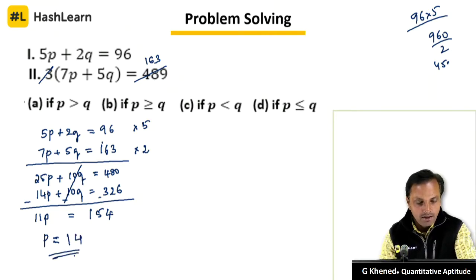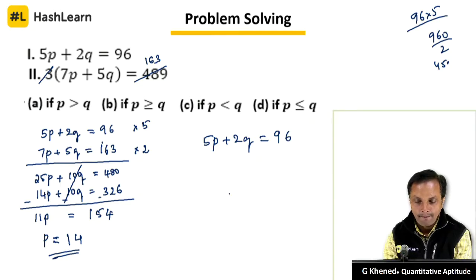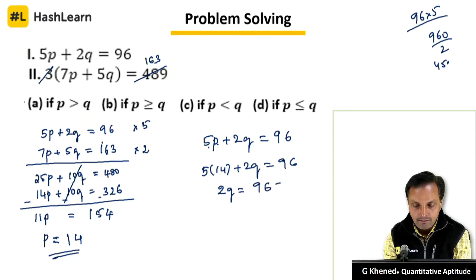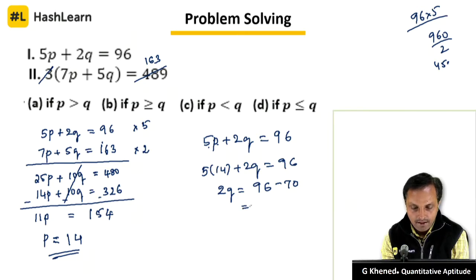is 14. If the value of p is 14, then what will be the value of q? Five p plus 2q is equal to 96. So 5 into 14, 2q is equal to 96 minus 70, so 26.